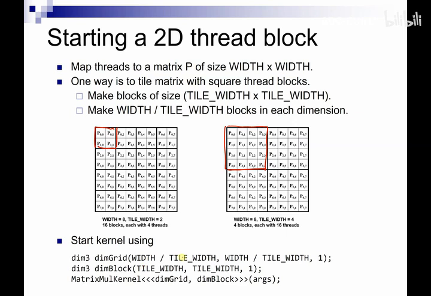This specifies how many blocks you want in the x and y directions, and also the z direction if you have it. But here we're two-dimensional, so our z direction just has a length of 1. And then you also specify how big each block is. So our blocks are TILE_WIDTH by TILE_WIDTH, and we don't have anything in the z direction, that's a 1 here.